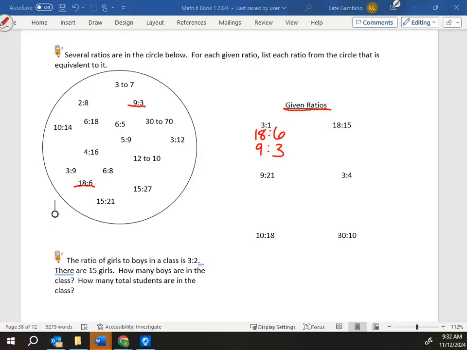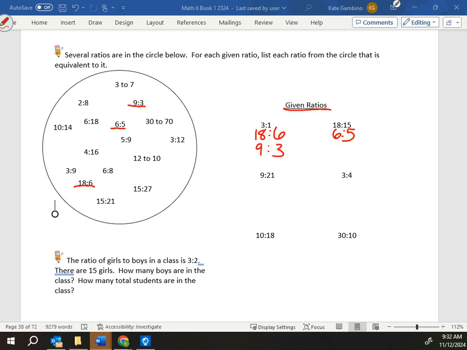Let's look at our 18-to-15. Can we find a ratio that would be equivalent to 18-to-15? James? 6 and 5. So that's 6-to-5. If I divide 18 by 3, I get 6.